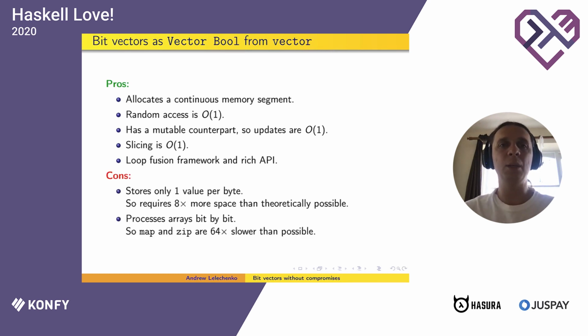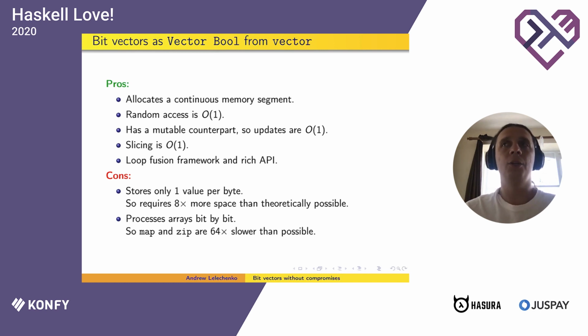But what is bad when we use vector of Bool to represent a bit vector is that, first of all, we allocate too much memory, because vector of Bool actually allocates a byte for each bit. It allocates Word8 per value.